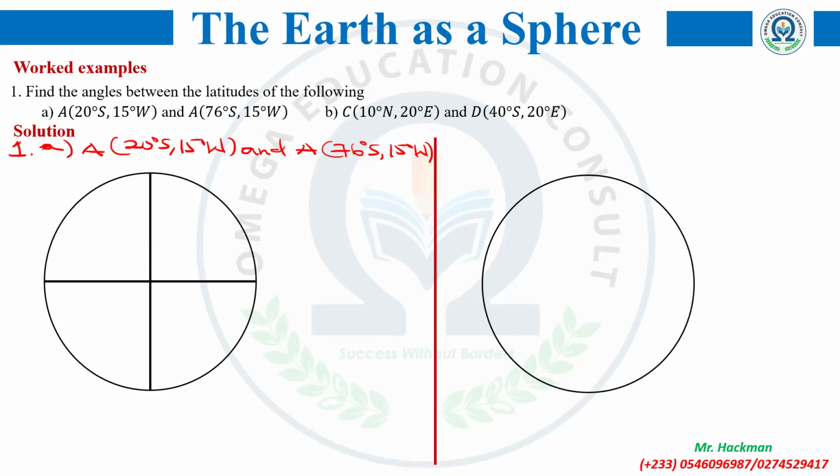So once they have the same longitude, which imaginary line are we supposed to use to determine the difference in angle, the latitude or the longitude? Per what you've been told, if they have the same longitude, what do we use? We have to determine what we are supposed to use before we deal with the subtraction or addition. If they have the same longitude, we have to use the latitude.